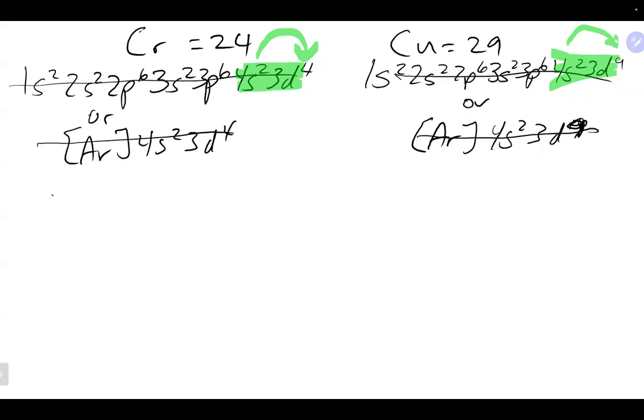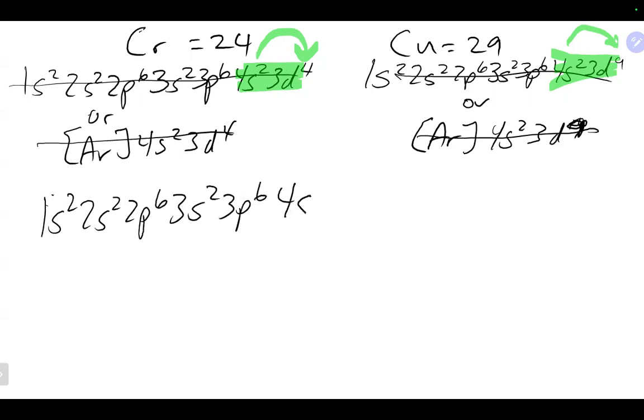It is 1s2, 2s2, 2p6, 3s2, 3p6, 4s1, 3d5. That is the exception. It has one extra electron in the d orbital, one less electron in the s orbital. It's more stable that way because it maximizes electrons with parallel spin.